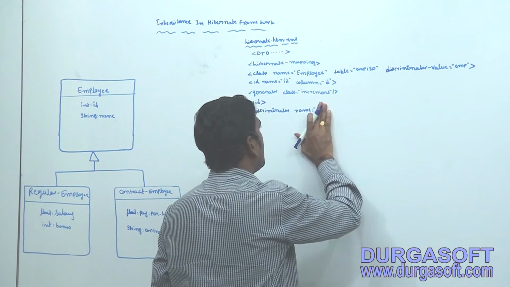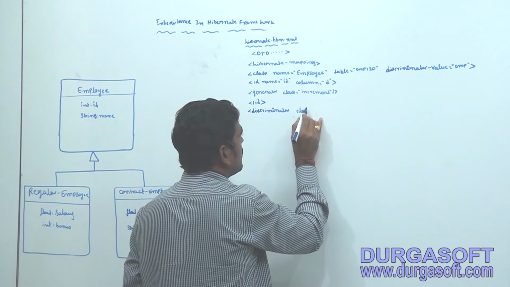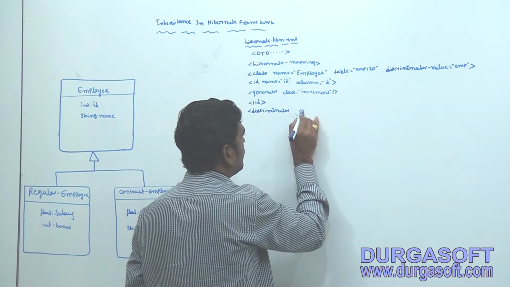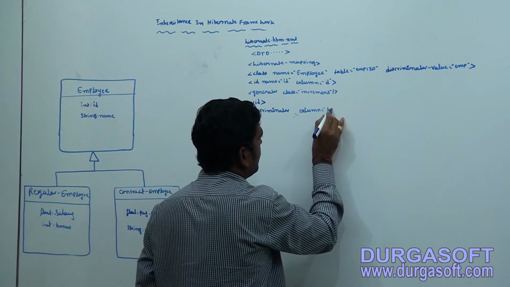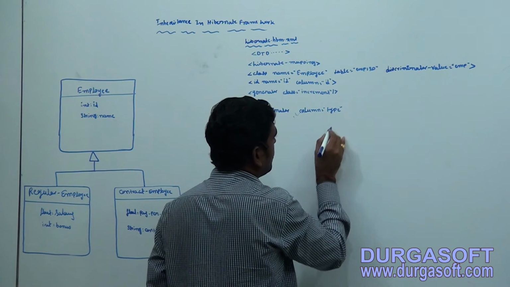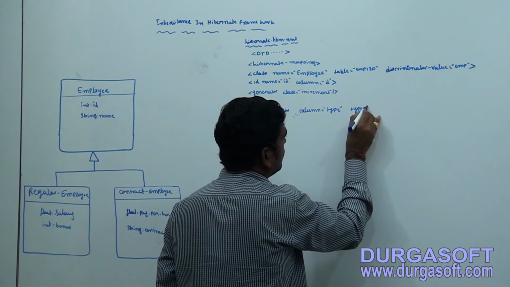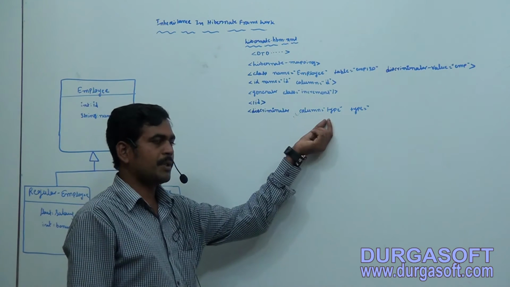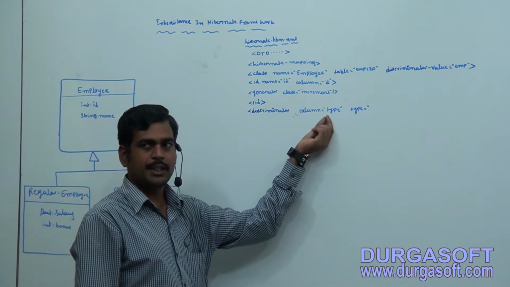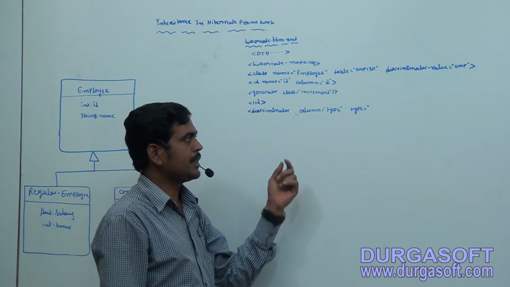Otherwise, directly we can take discriminator column is equal to type. Now type is equal to what is the type here? The data type: string or integer, we have to mention using the type attribute.